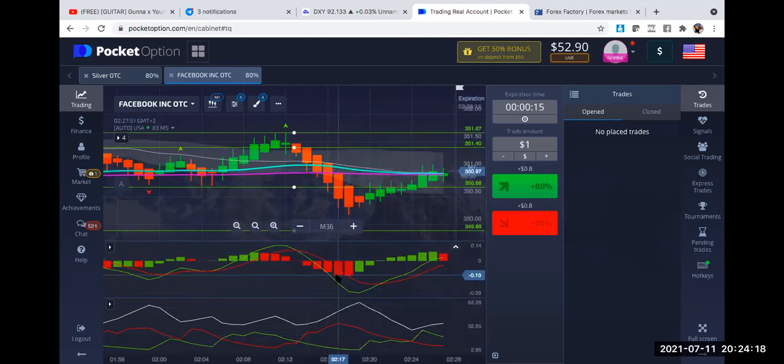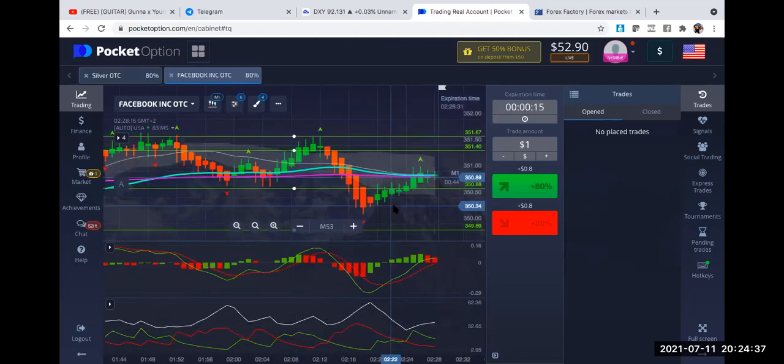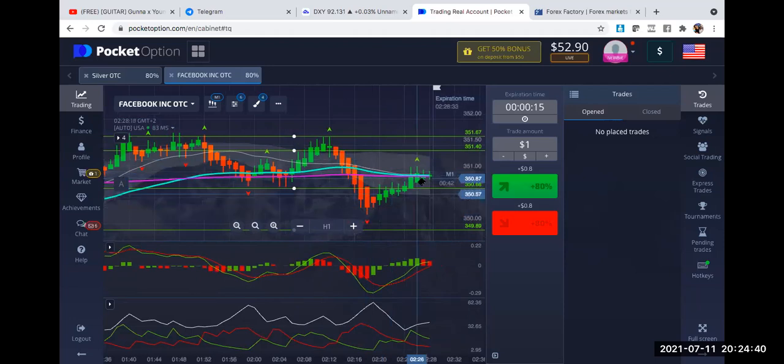But once I start to see the signal line rounding out, the MACD change colors, smaller red candles, and then the red candles actually stop coming into play, then I'm no longer looking for sells on that pair. I am regrouping and identifying: are they coming back to retest a particular area of structure? Are we in consolidation right now? Should we revisit?